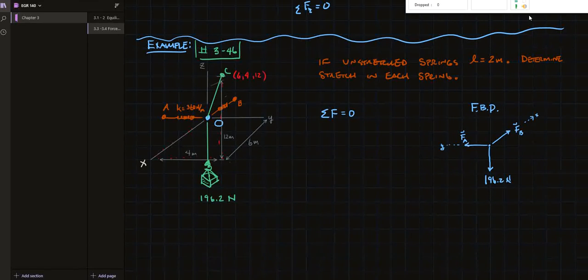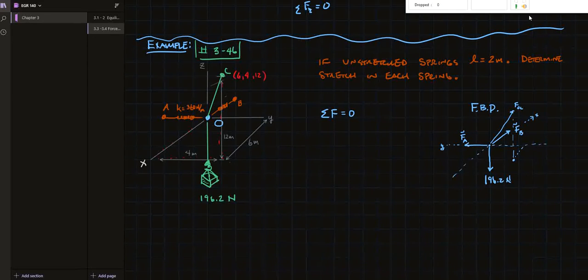And then we have this force OC, which is at an angle. So we've got this XY plane here, just so we can orient where this is.